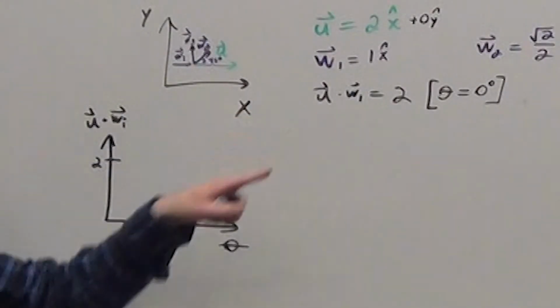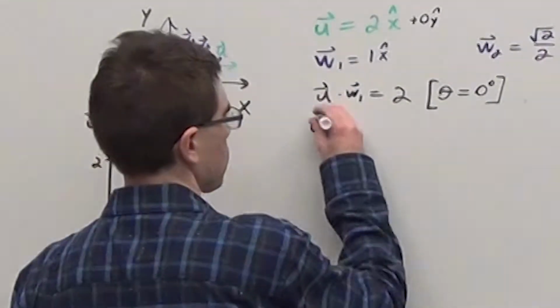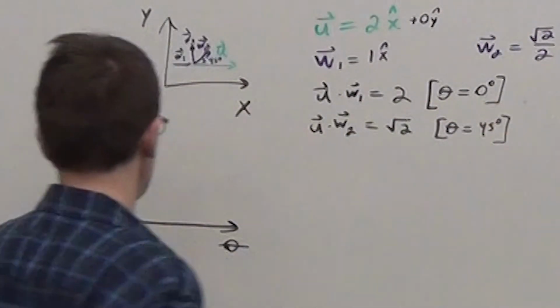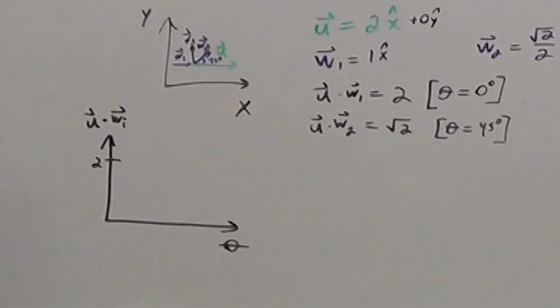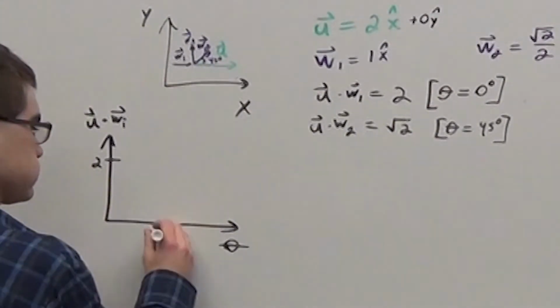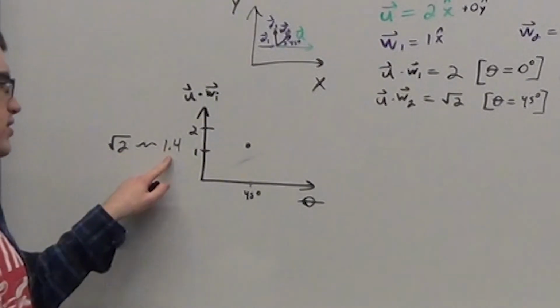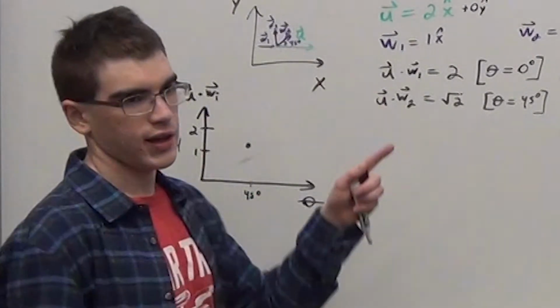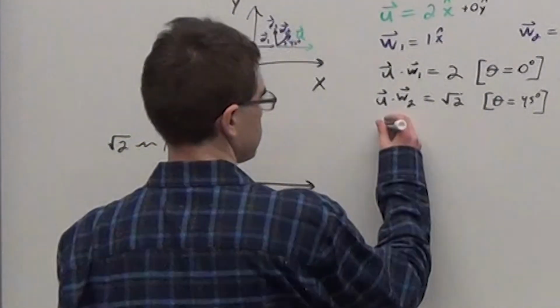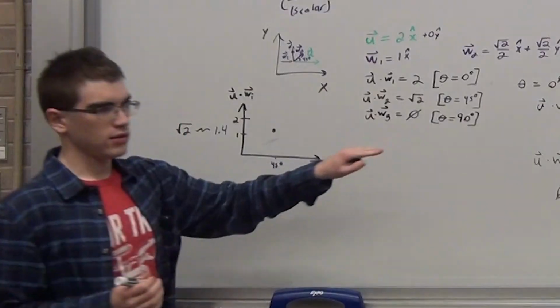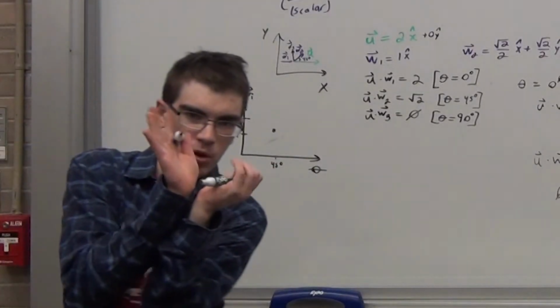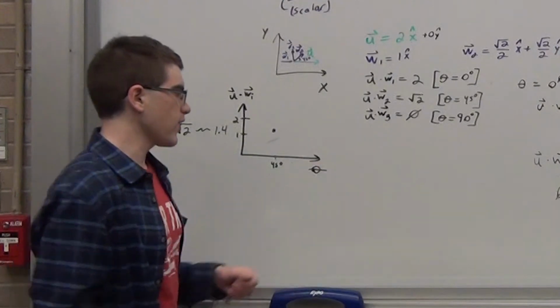When we look at U dot W2, at 45 degrees we go to root 2. The square root of 2 is about 1.4. And now our final dot product. When theta was equal to 90 degrees, we were perpendicular to each other. We have a value of 0.